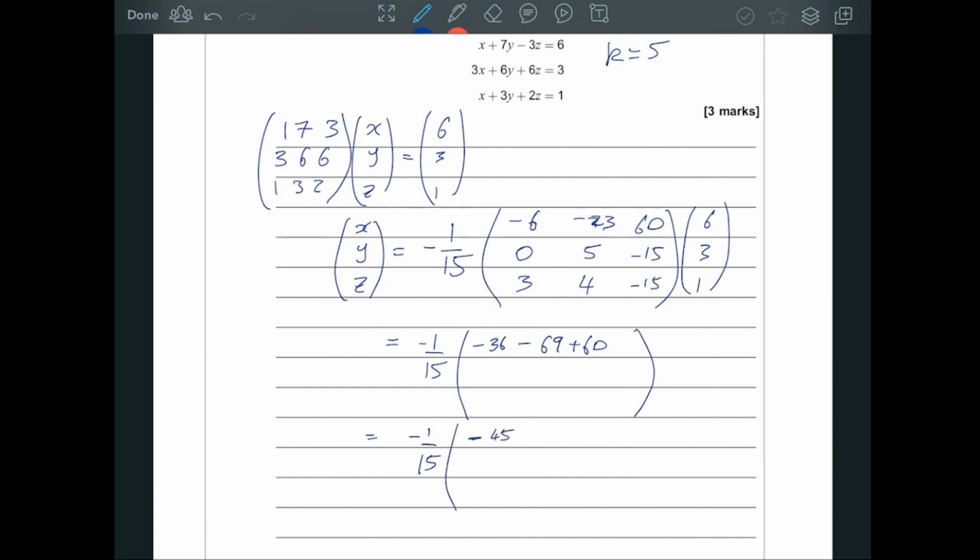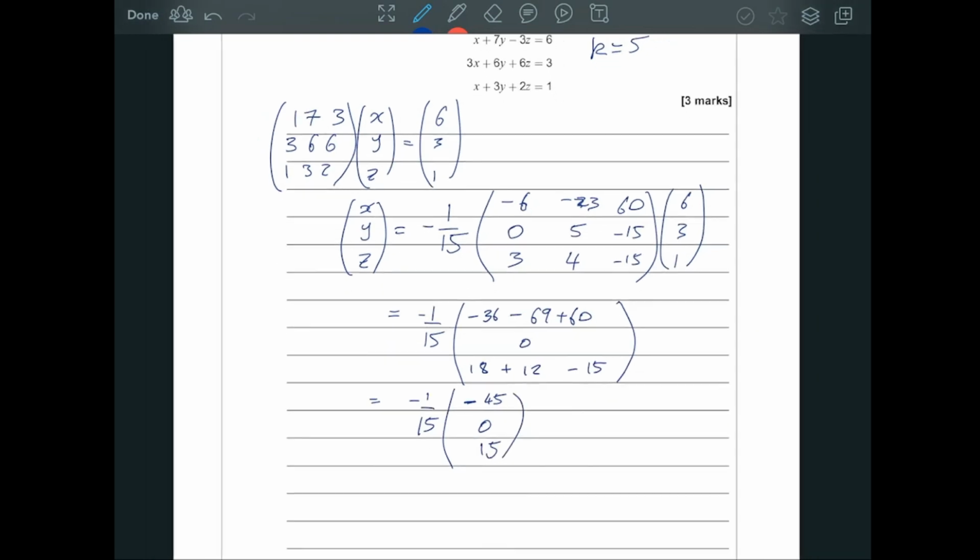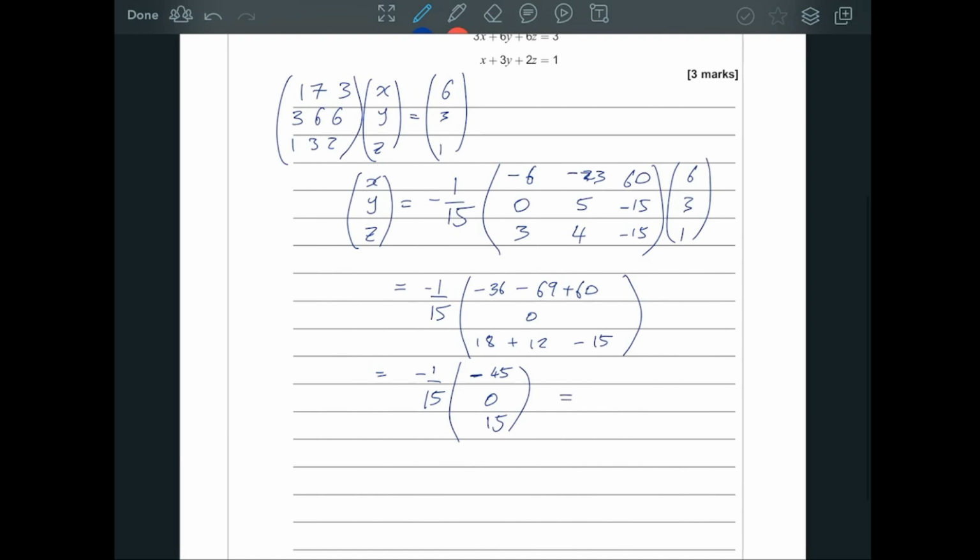I'm really happy because minus 45 is a multiple of 15. I'm dividing by 15 in a moment. 0, 5, negative 15 times by that gives 0. We've got 18 plus 12 minus 15 gives me 15. So my answer as a vector is 3, 0, negative 1.